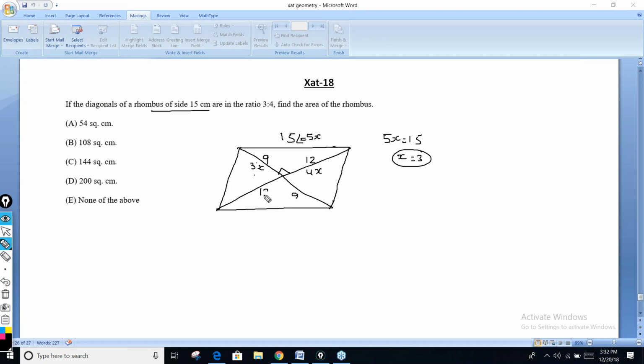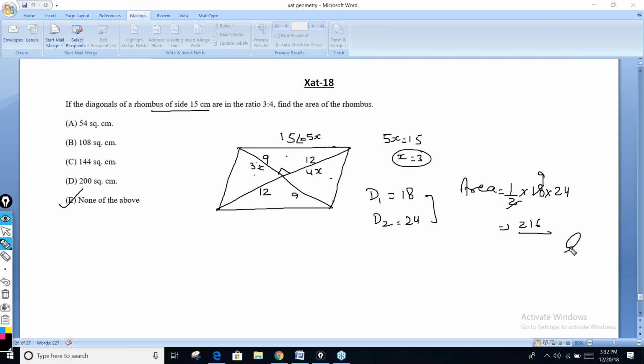So the diagonals d1 and d2 are 18 and 24. So what is the area? Area is either half d1 into d2, or you could find the area of 4 triangles. But obviously half d1 into d2 is easy. So 9 into 24, the answer comes out to be 216. That is a very easy question. None of the above is the correct answer.